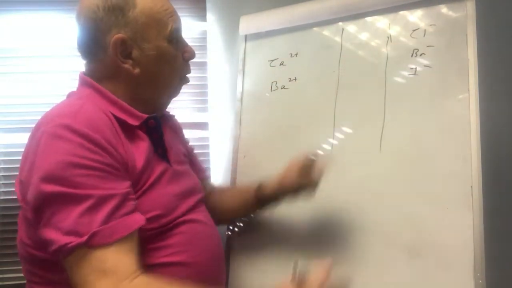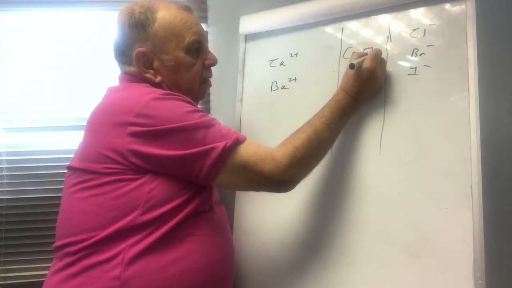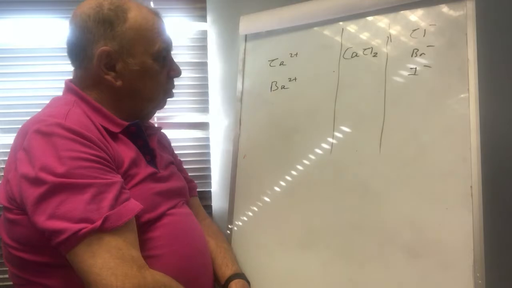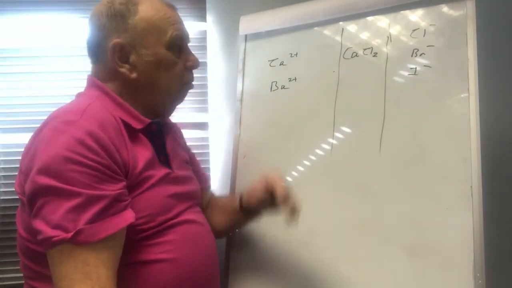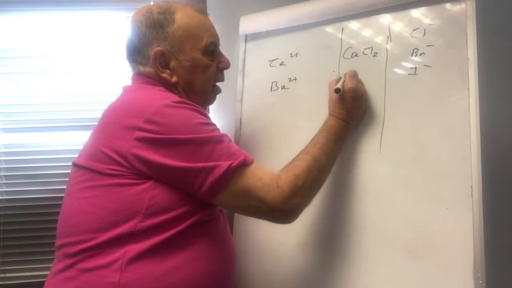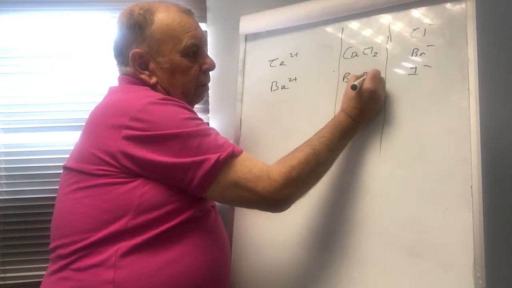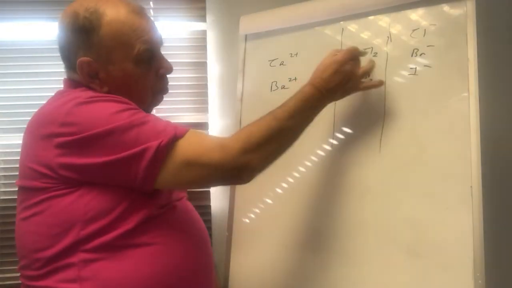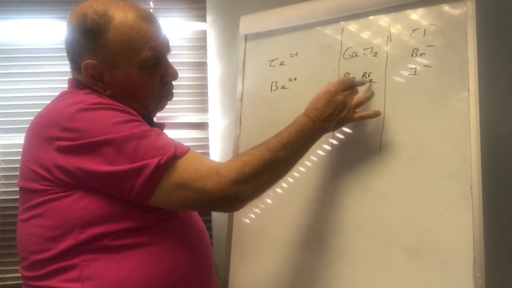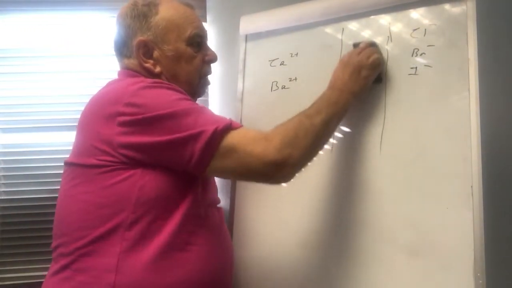Chloride is only 1, so therefore the formula of calcium chloride is CaCl2. What's the formula of barium bromide? BaBr2. 2, 2, 2, 2.